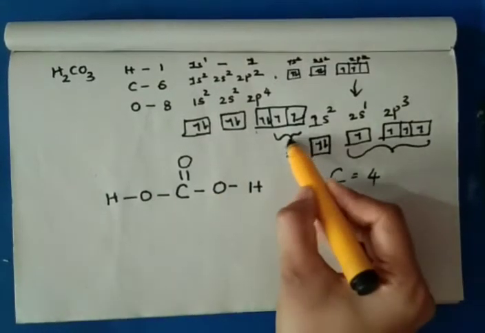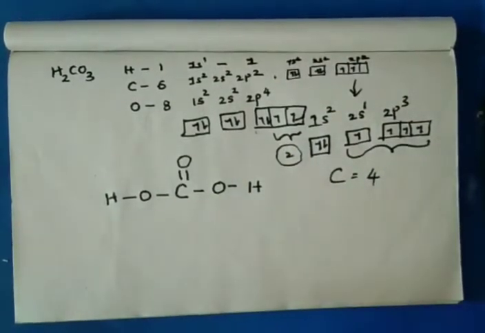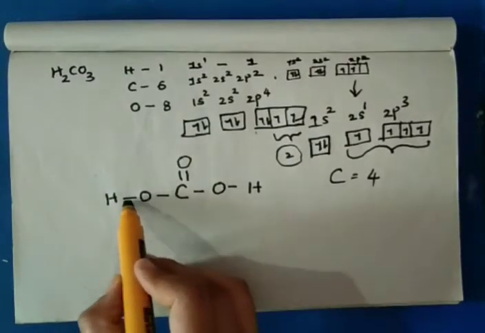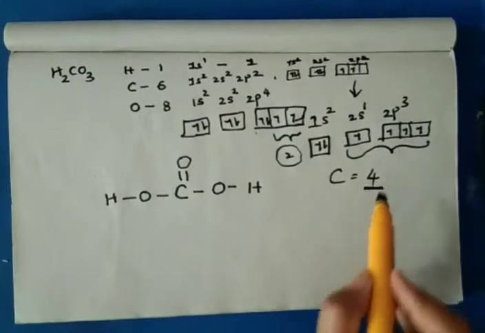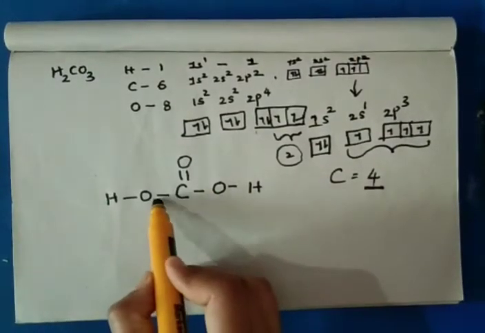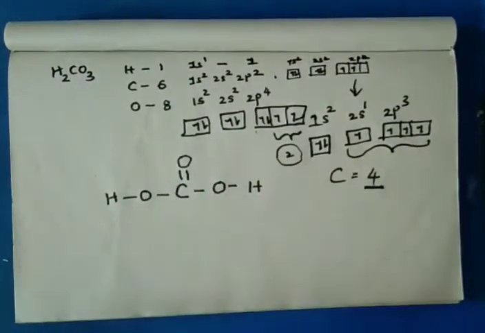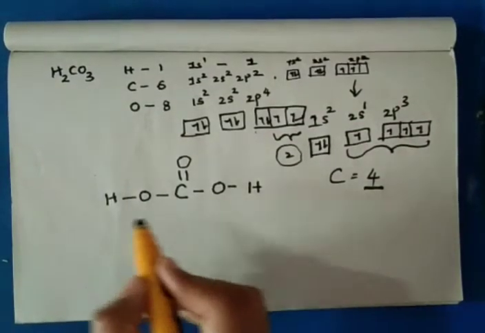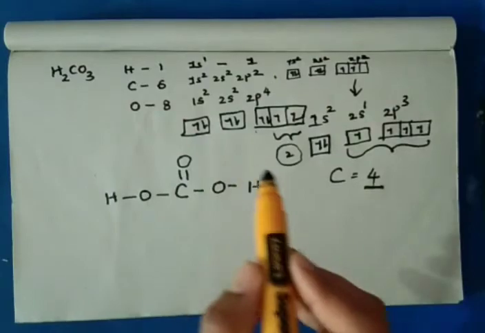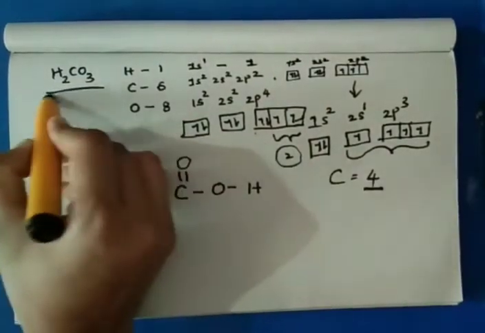Oxygen valency is 2, so oxygen shows 2 bonds. Carbon valency is 4, so carbon has 4 bonds overall. So it is stable: H2CO3, carbonic acid.